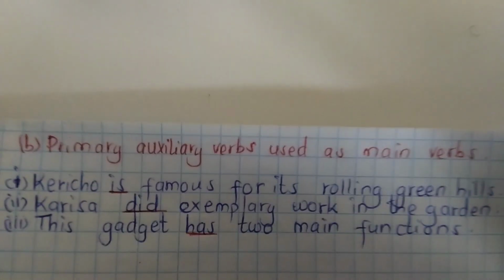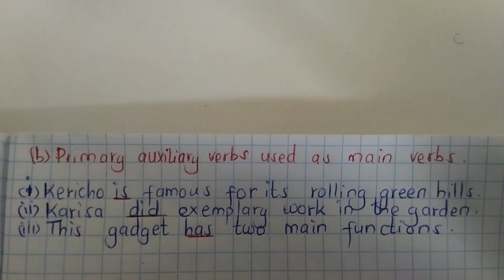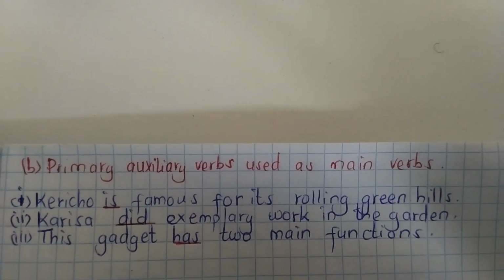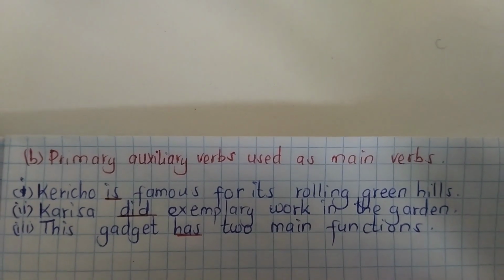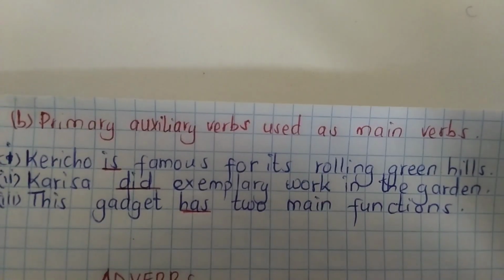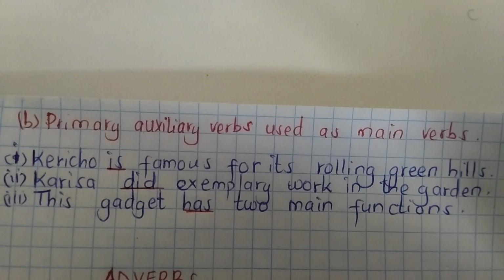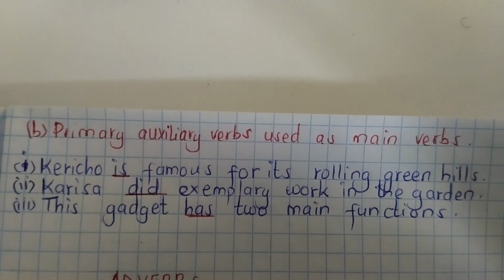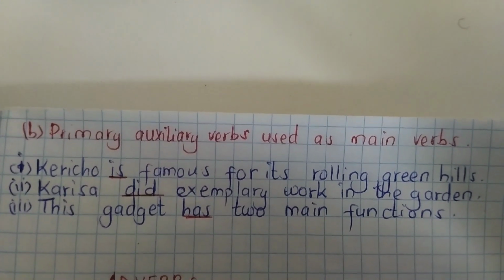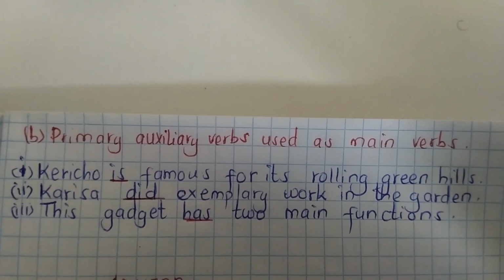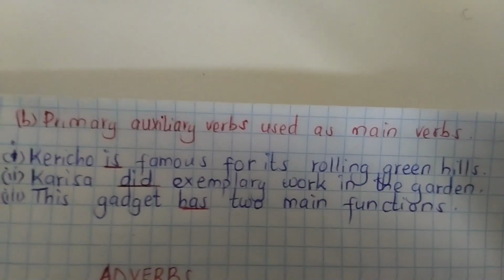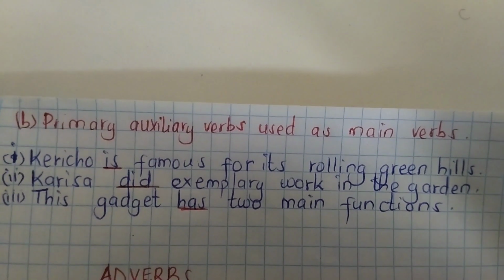Now I want to show you primary auxiliary verbs as main verbs. The examples I have here are: Kericho is famous for its rolling green hills. Is has been used as the main verb.